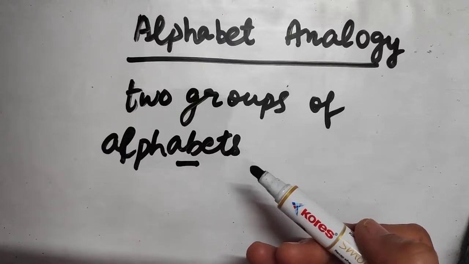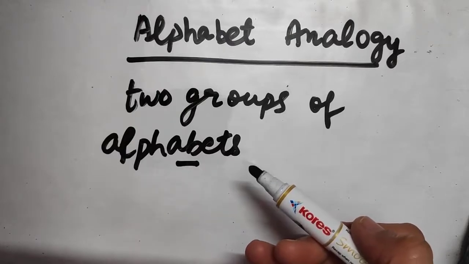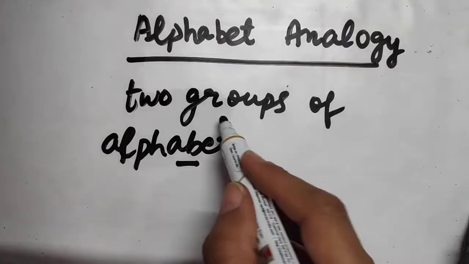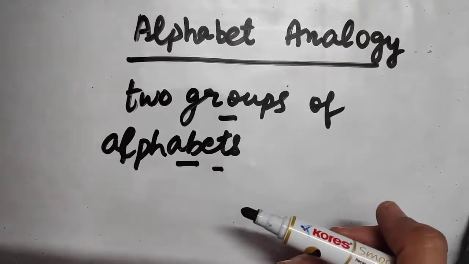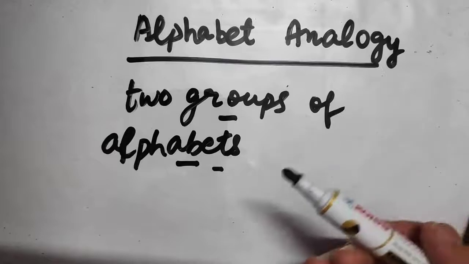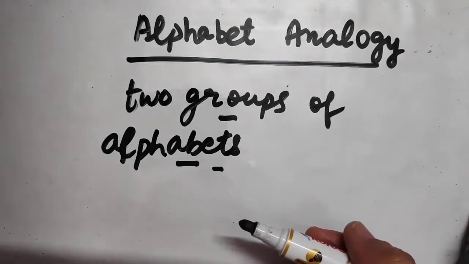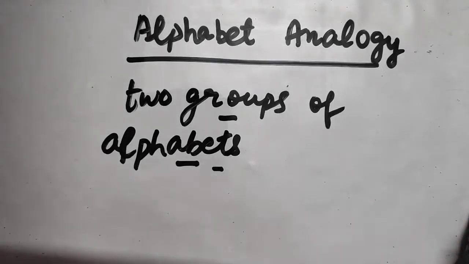So basically we need to find out the same relation as it is given to us in the question, and then accordingly we need to find out the answer in alphabet analogy. So let us discuss now the assignment solutions which I have given you as homework.